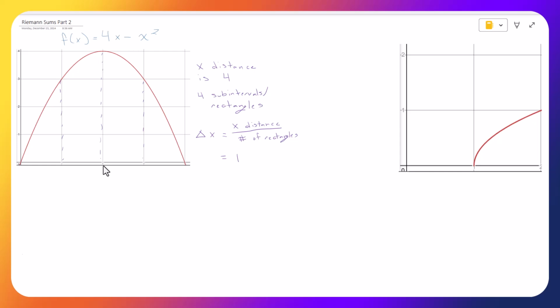That's going to be the top of my rectangle. From 2 to 3, 2.5, top of my rectangle. And finally, from 3 to 4, 3.5, that's the top of my rectangle.